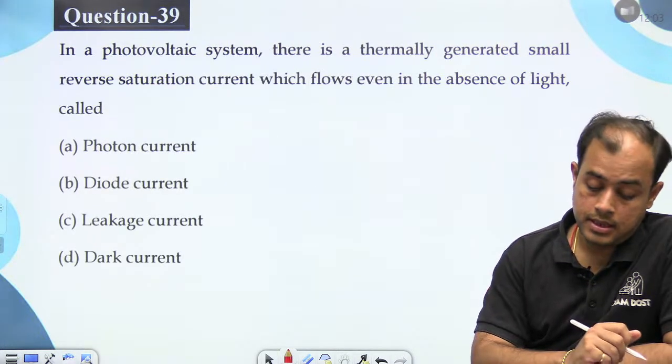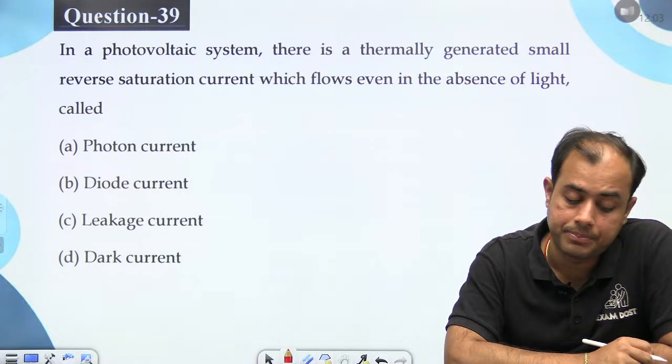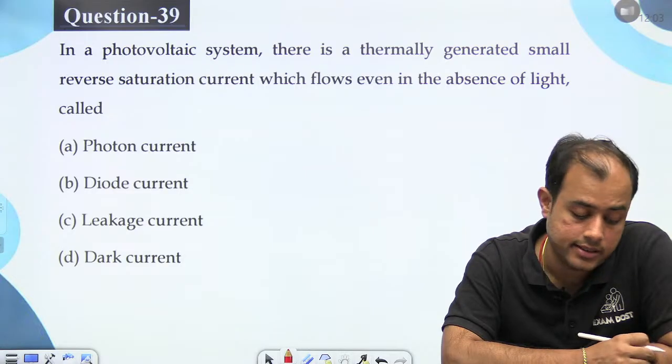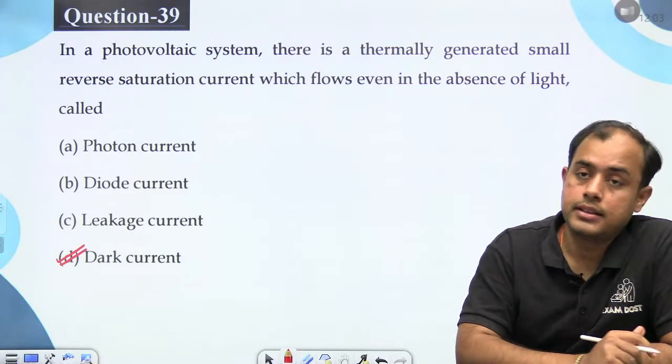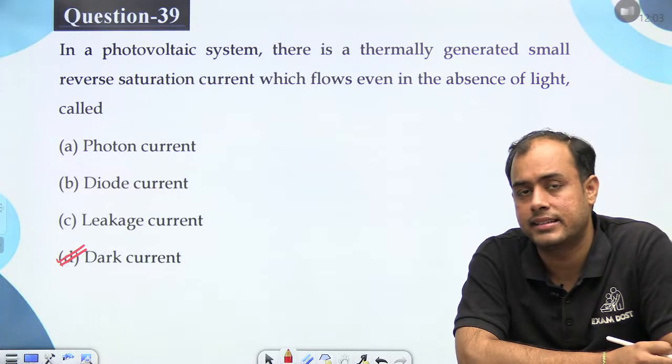Okay. ESE 2020, in a photovoltaic system, there is a thermally generated small reverse saturation current, that is called dark current. ठीक है, एब्सेंस ऑफ लाइट में जो करंट आता है पीवी सेल में, that is डार्क करंट.